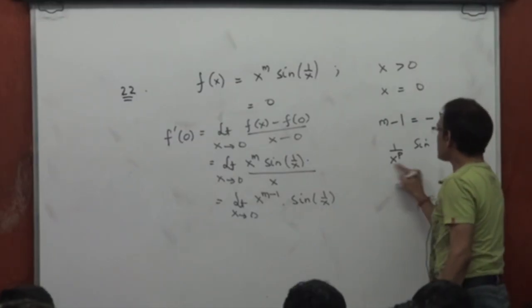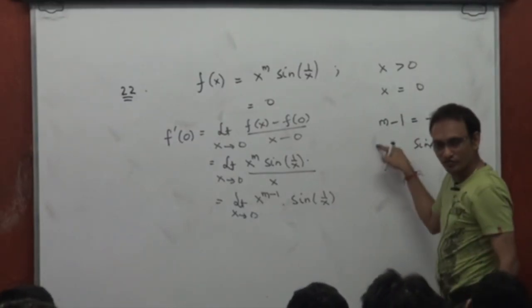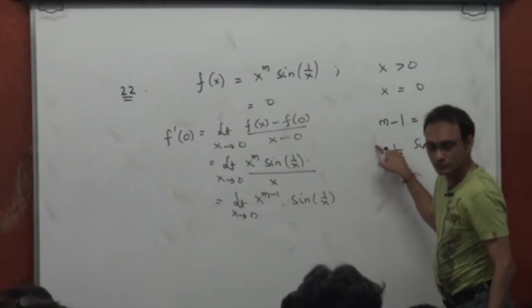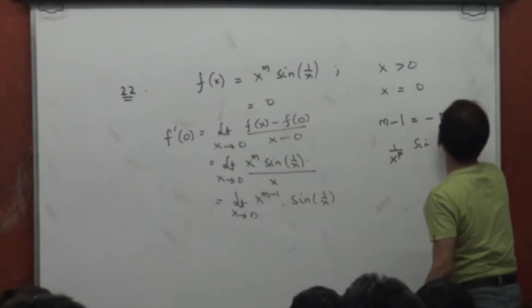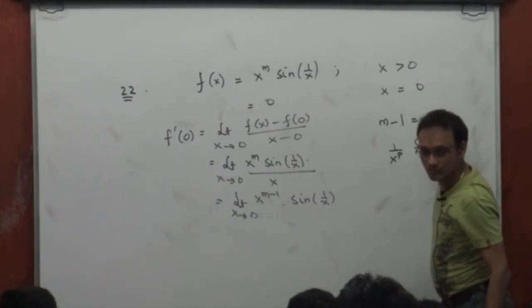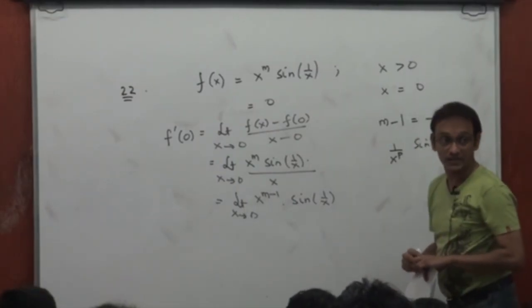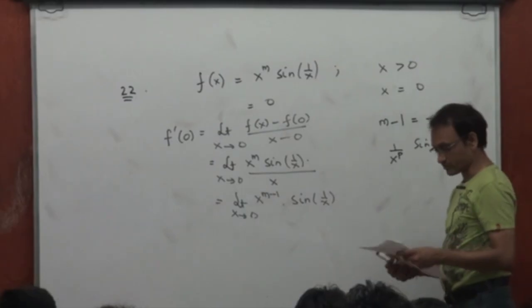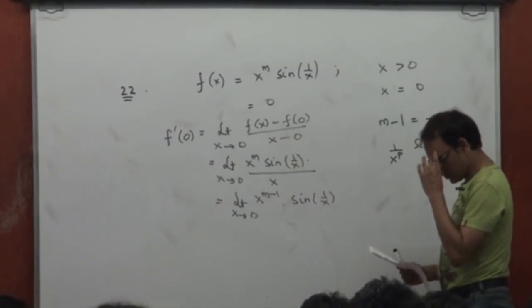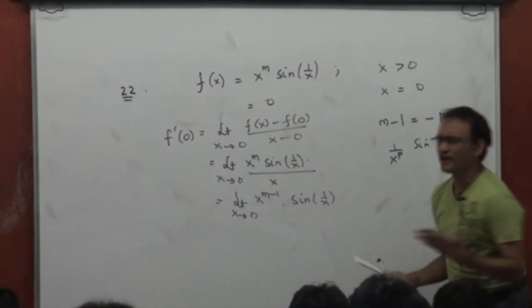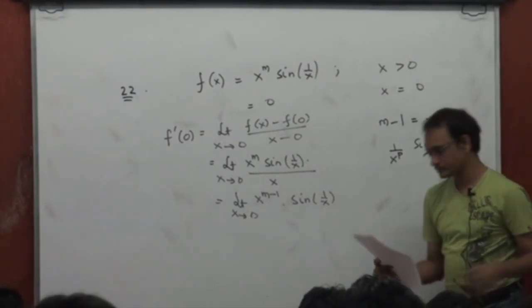And then, as x tends to 0, this does not tend to a finite number, right? So the power m minus 1 has to be greater than 0, it can't be less than 0. So m has to be greater than 1 for this limit to exist. If m is less than 1, then it's not differentiable for sure.